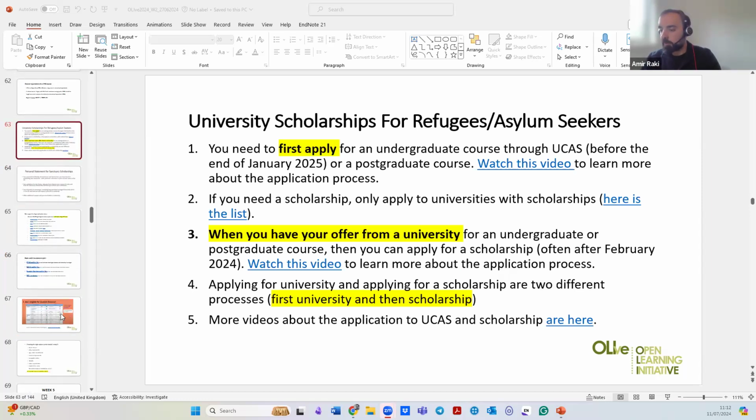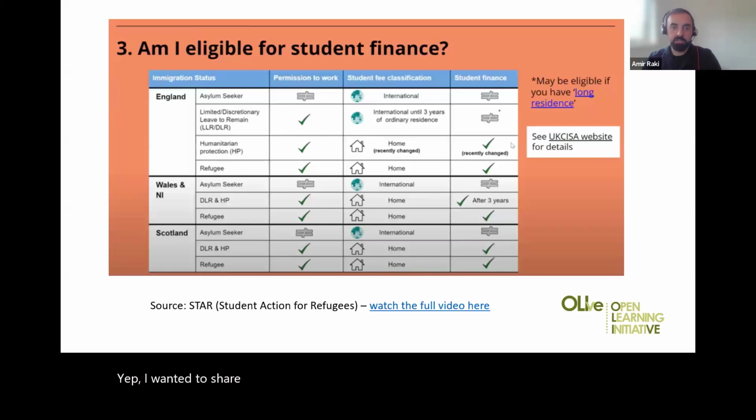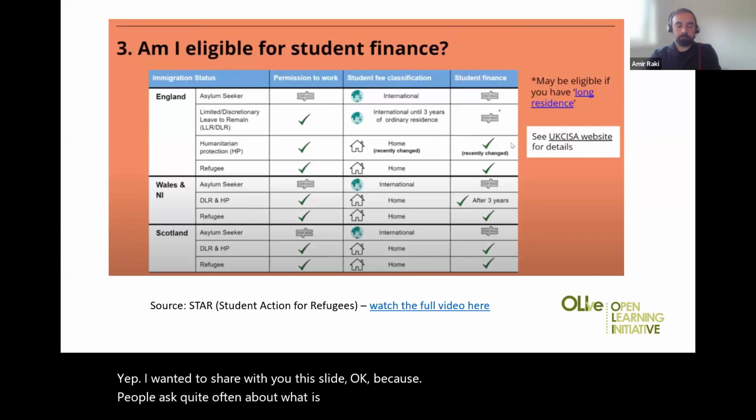Before I move on with the scholarship, I want to share with you this slide, okay? Because people ask quite often about what is my situation in terms of tuition fees.